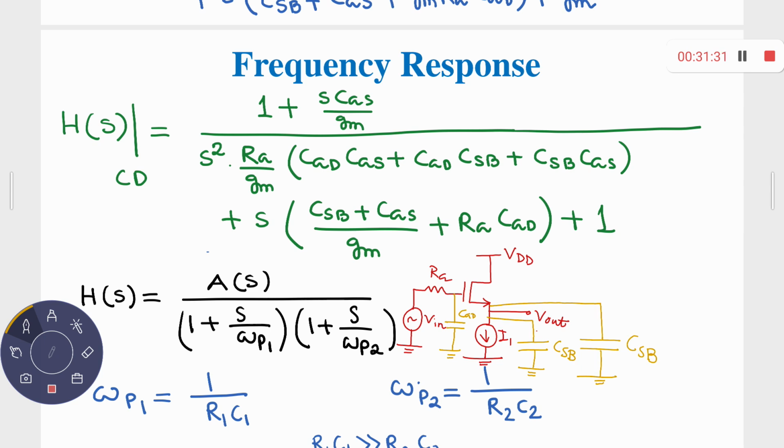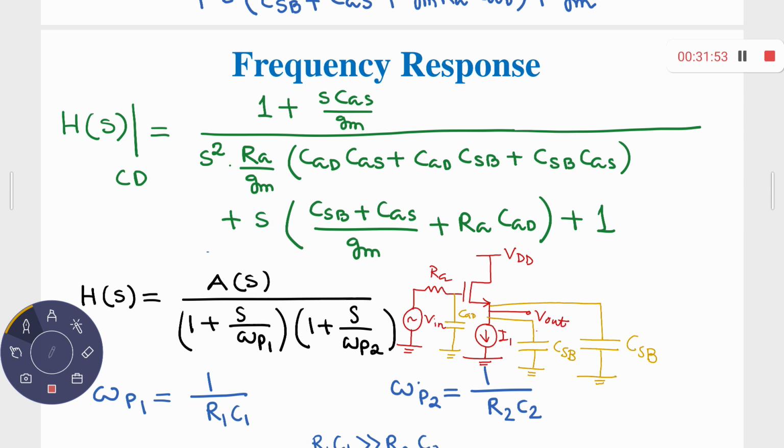What is your reference terminal here for common drain? Drain, right? So therefore, what you need to do is decompose this capacitor CGS: one between gate and drain, second one between source and drain.